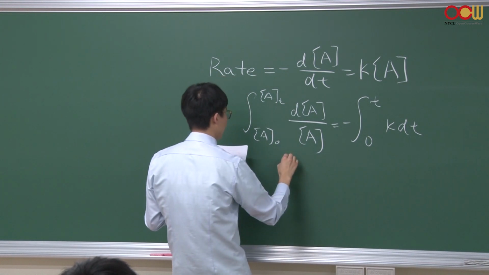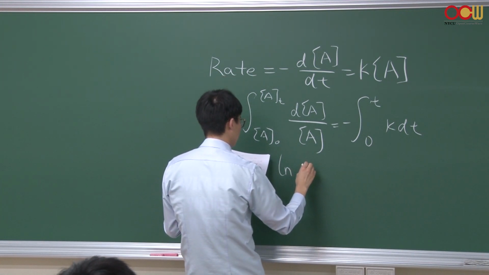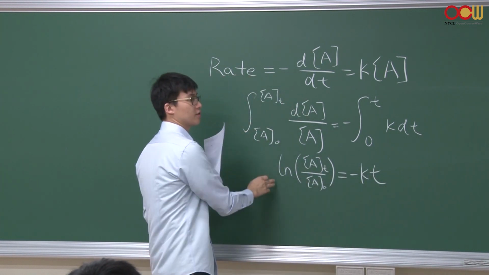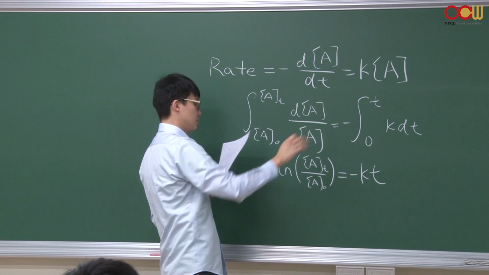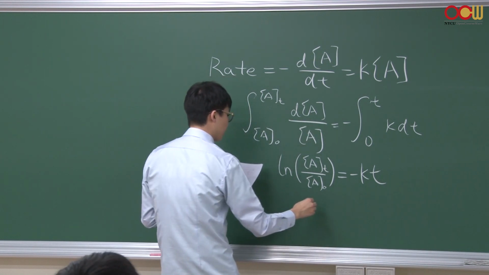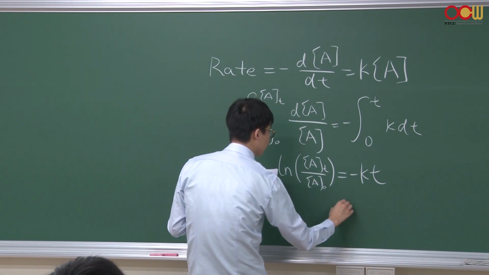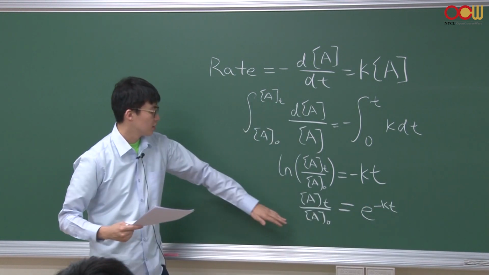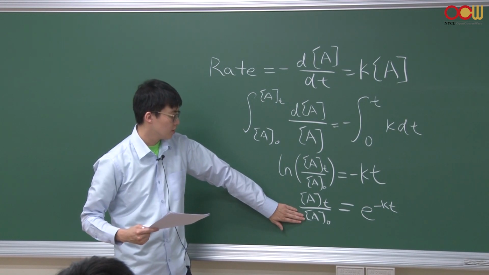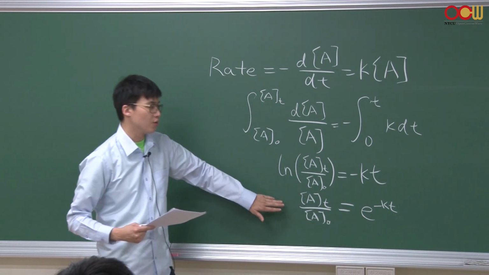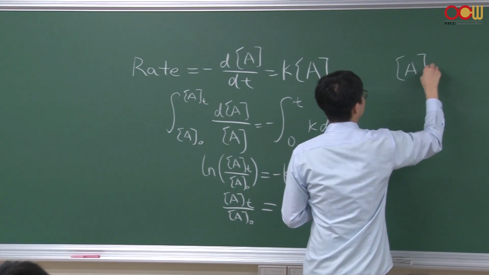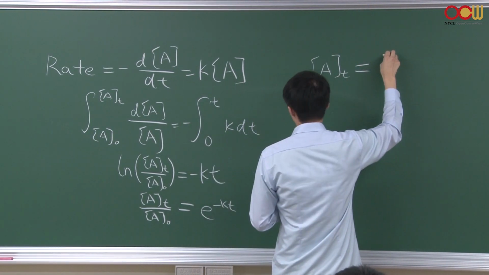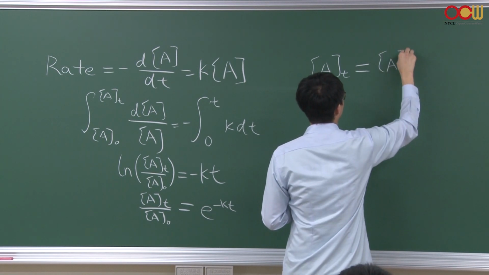In the end, if you do the integral, you will get, and then you recognize very similar processes to what we already described. Put the exponential term on both sides, and then if you multiply by the initial concentration on both sides, you will get a simple expression that will tell you how much reagent you would have left after a certain amount of time.